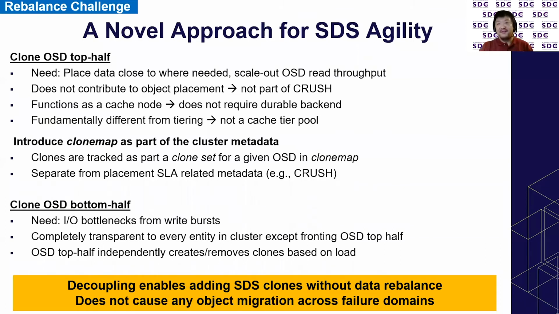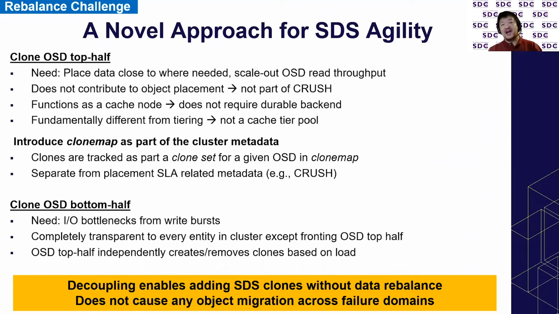We start with the first one, the rebalance challenge. What we propose here is a novel approach for the agility part, particularly targeting the rebalance challenge. One aspect is that when we clone the top OSD, we want to place the data close to where it is actually needed. That means we can scale out the OSD's read throughput as much as we want.